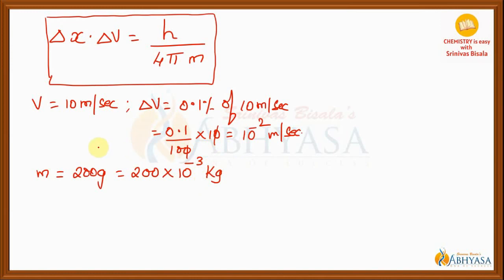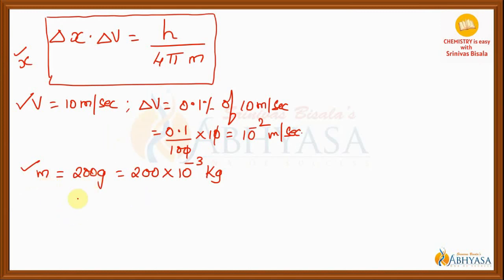Every time they give you a numerical related to Heisenberg uncertainty principle, the velocity term, the mass term or the position term, all three will not be in the same unit. So definitely there will be a unit conversion. You need to focus on this while reading the question at the beginning itself.